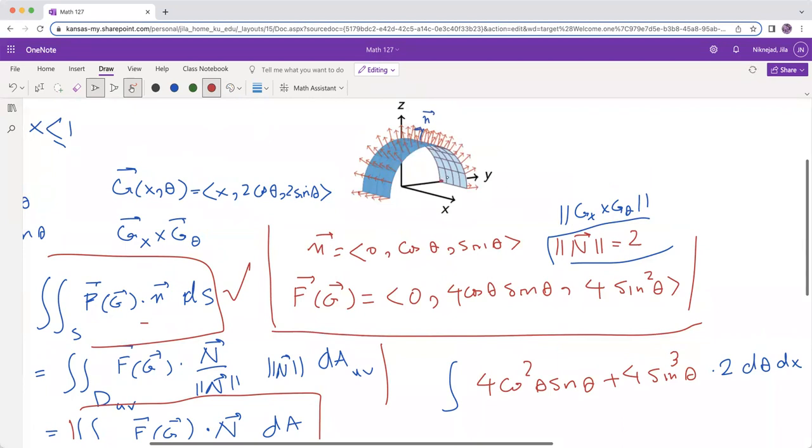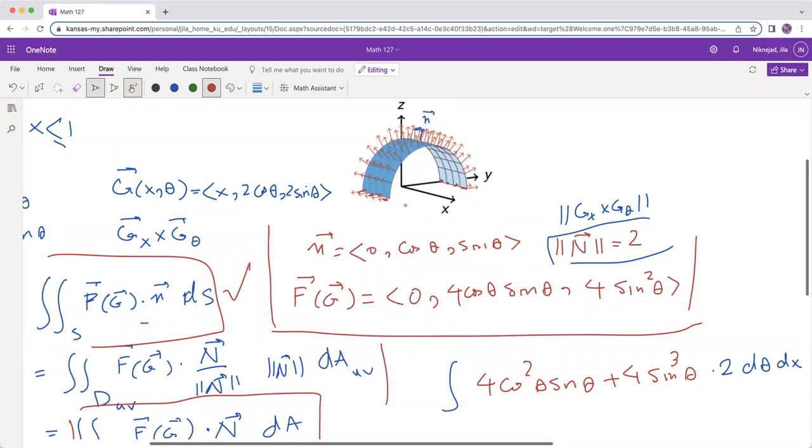If I plug in 0 for theta, and whatever x, these are the points that I get. When I plug in pi, these are the points that I get.